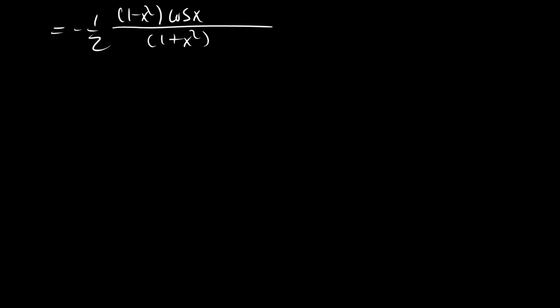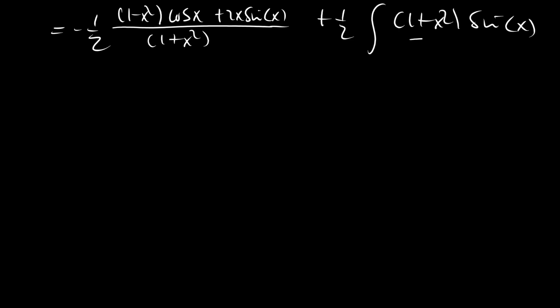So we had negative a half, 1 minus x squared cosine of x plus 2x sine of x, plus a half, 1 plus x squared sine of x divided by 1 plus x squared.